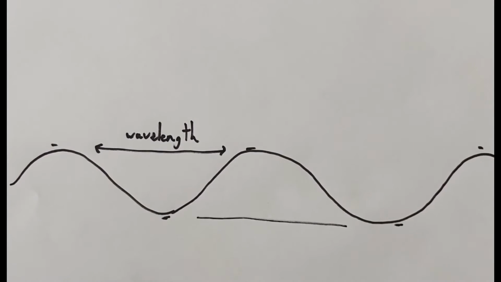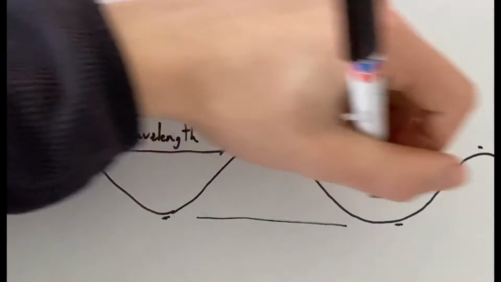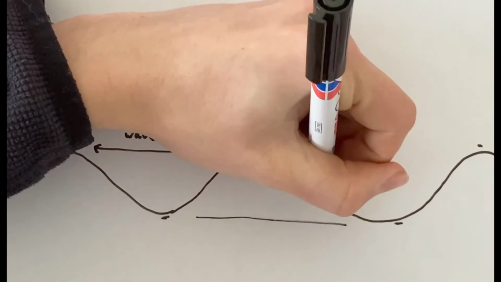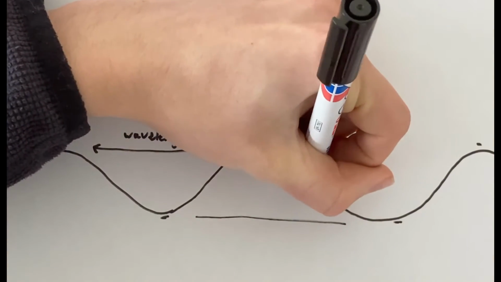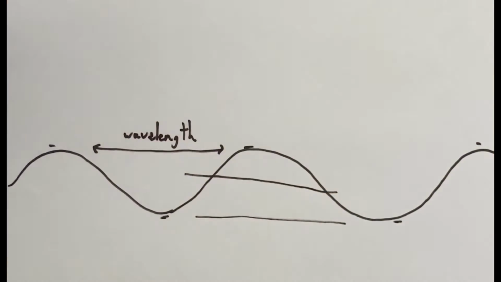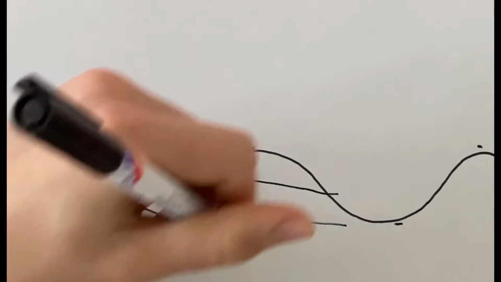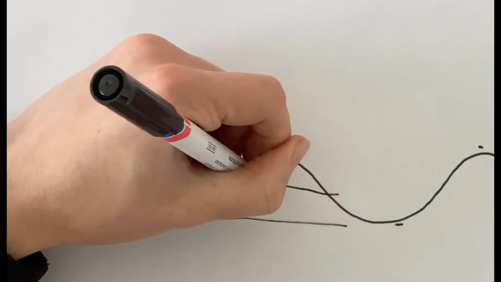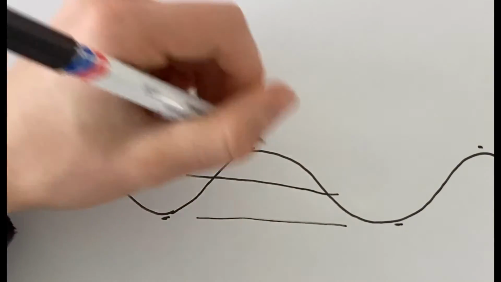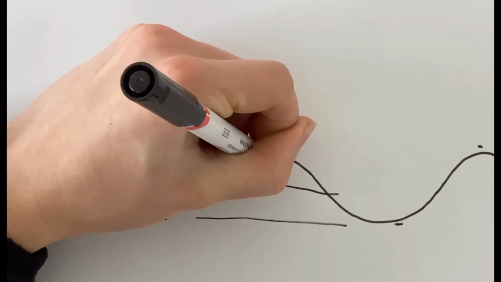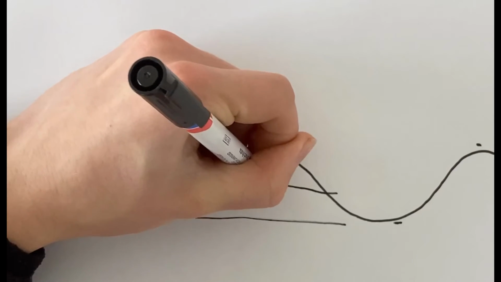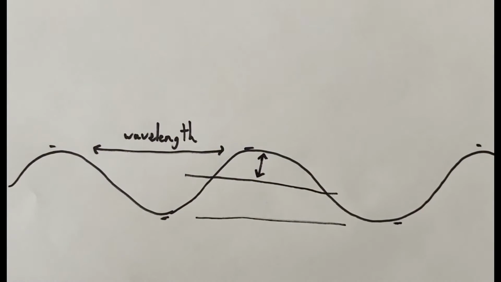And the other part of a wave is the amplitude. So if we draw a line through the center of our wave, that's not in the center, but pretend it is, the amplitude is the distance between this line through the center of the wave and the peak, just like that. That is the amplitude.